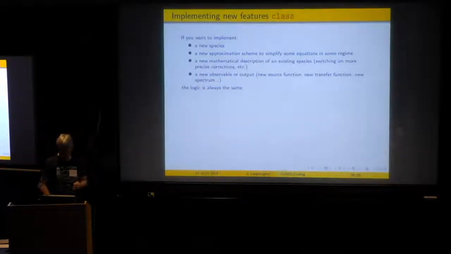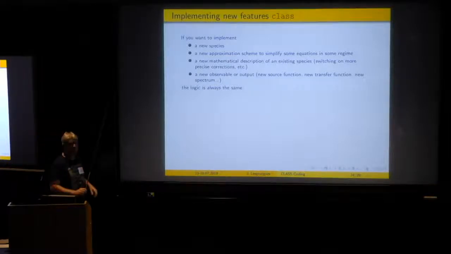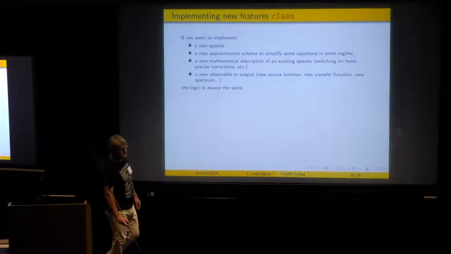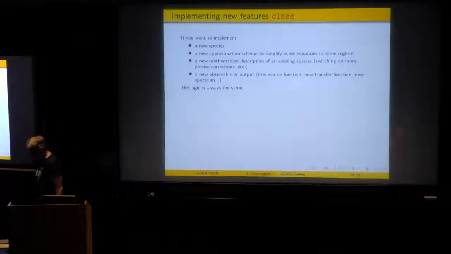So what do you do when you want to implement a new feature in the code? I will just give some guidelines, because the message here is you don't need to know anything for that or to remember anything.